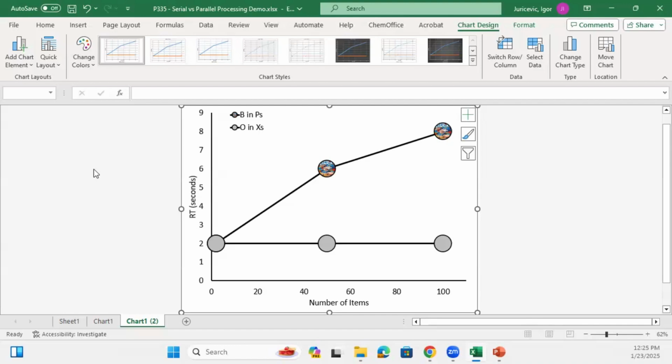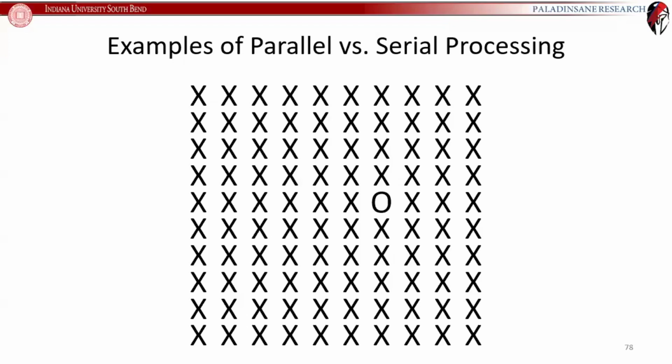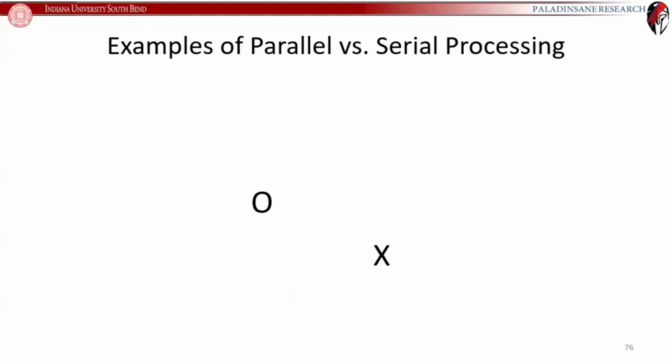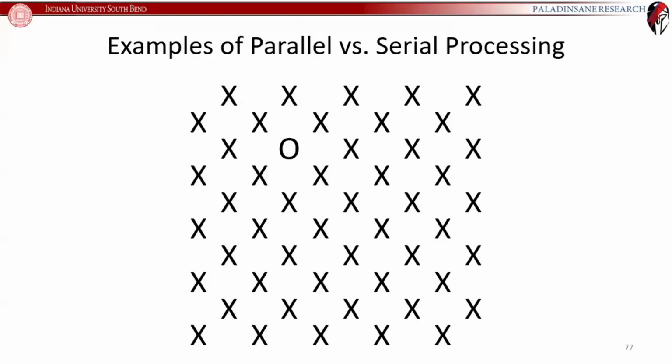When we had only 2 items, you processed all of those at the same time and said, yes, I see the O. When we had 50 items, you processed all of those at the same time and said, yes, I see the O. That's why it took you 2 seconds each time.